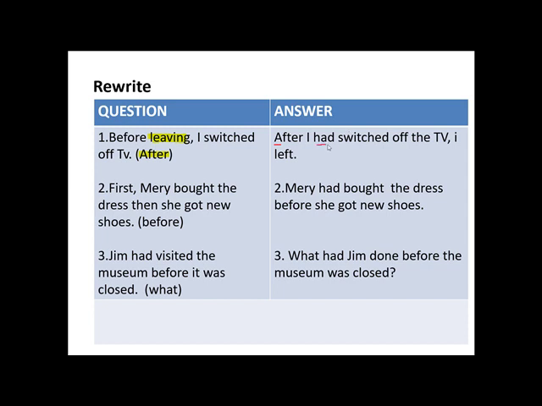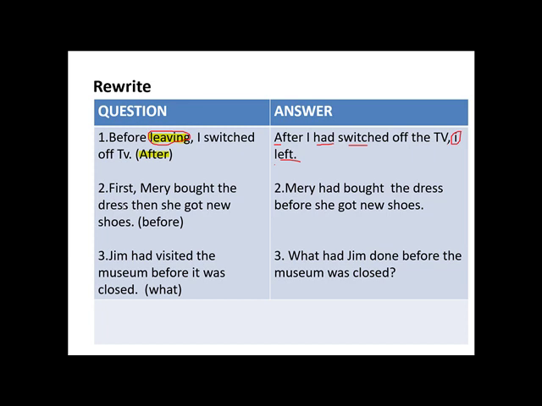I used "had" with a past participle. Comma. I changed "leaving", the noun here, into a sentence. Who left? I did. So I wrote "I", and the past of "leave", "left", because this is the second action.